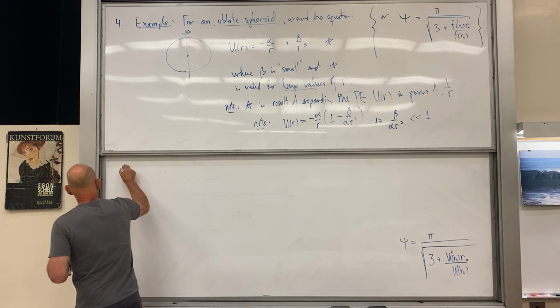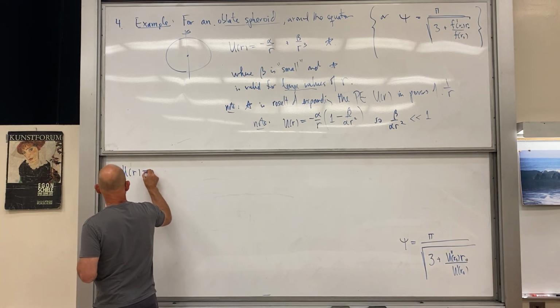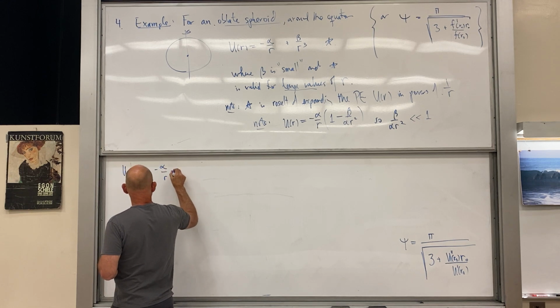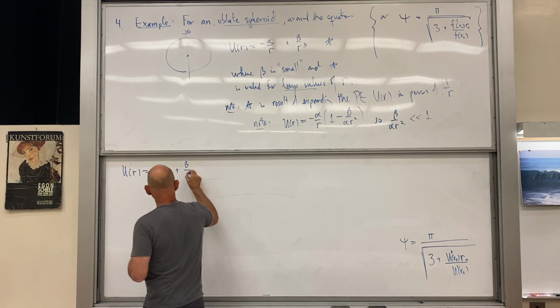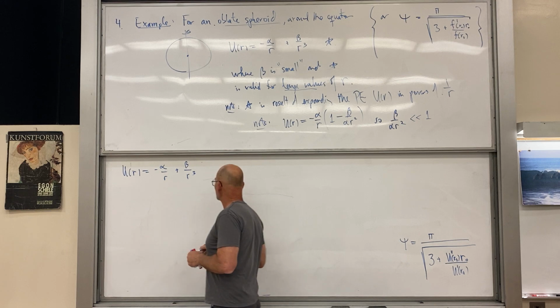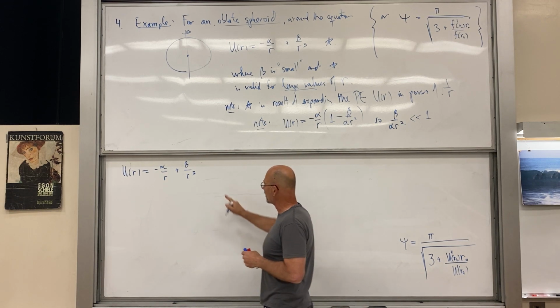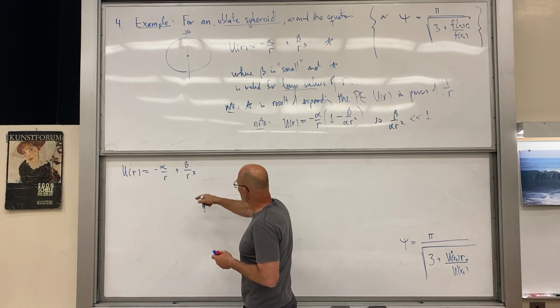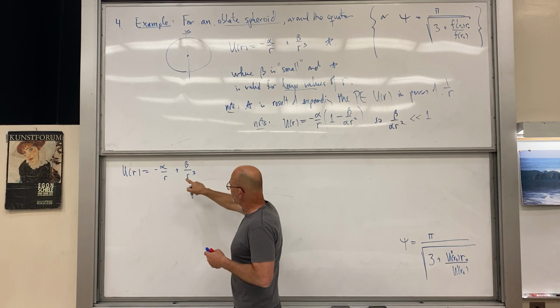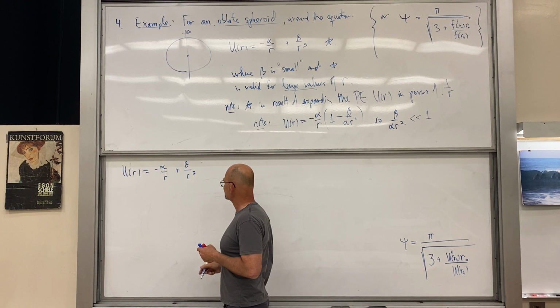We have, once again, u of r equals minus alpha over r plus beta over r cubed. Whether beta is positive or negative, we don't know, and our answer will be sufficiently general, right? It won't matter. But of course, we know alpha is positive.